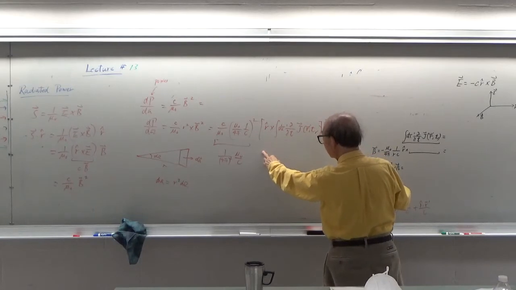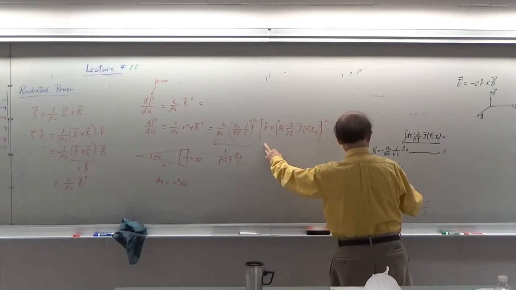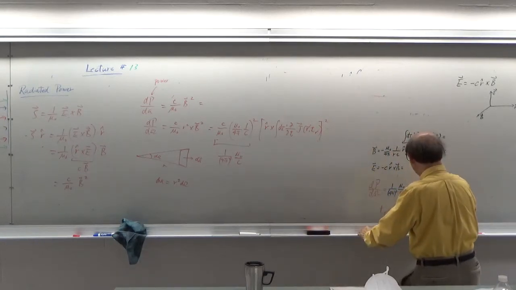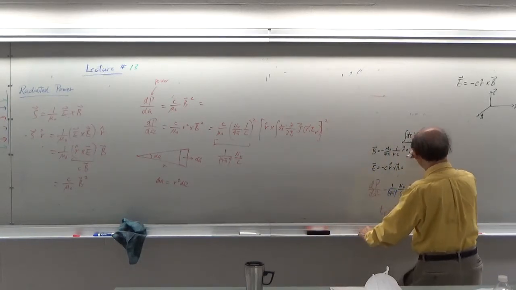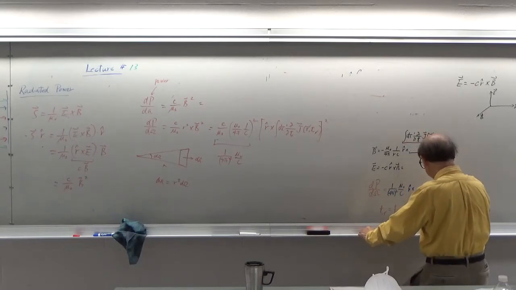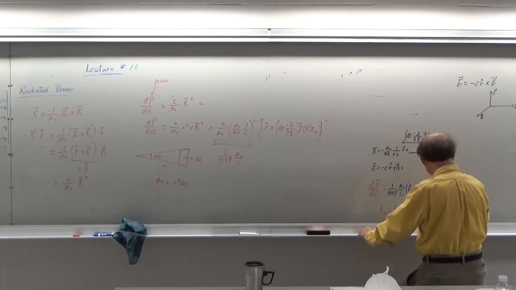Have I missed anything? For mu naught squared, correct? Times r hat cross this quantity, the volume integral, squared.